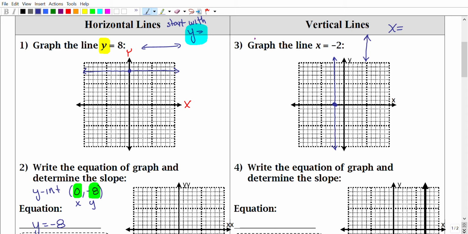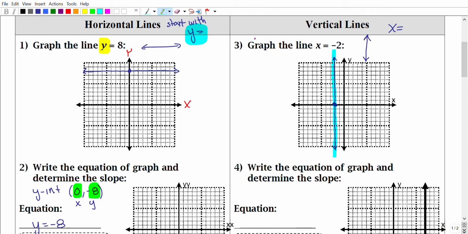And again, why does it start with x equals? Well, look, what axis did it cross? I'm going to go ahead and highlight them here. Whoops, wrong color. Let me go ahead and delete that real quick. All right, let's try this again. This is my graph.